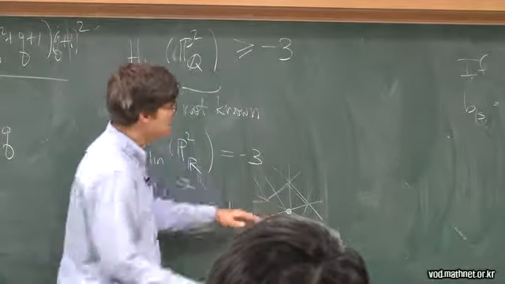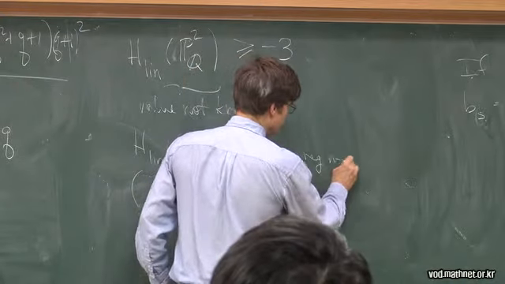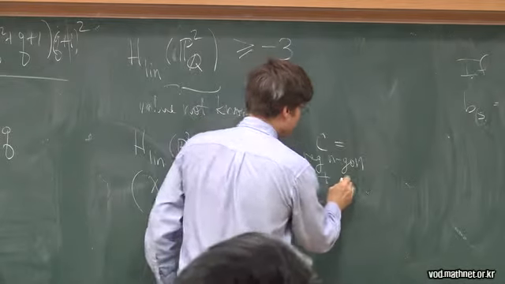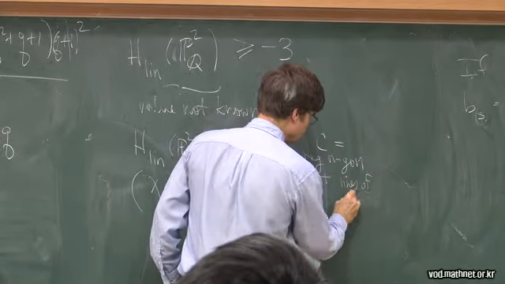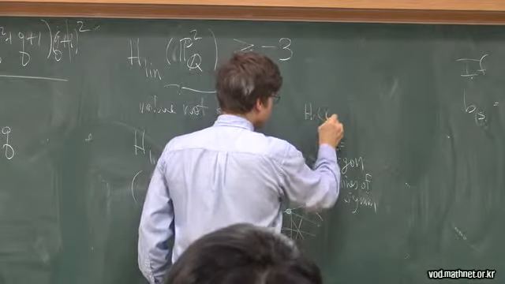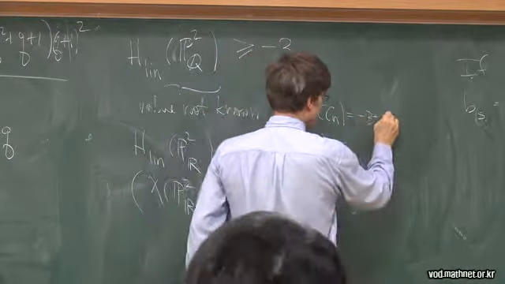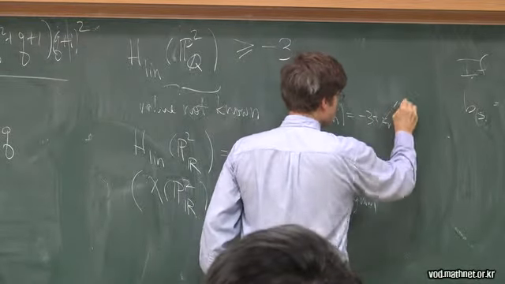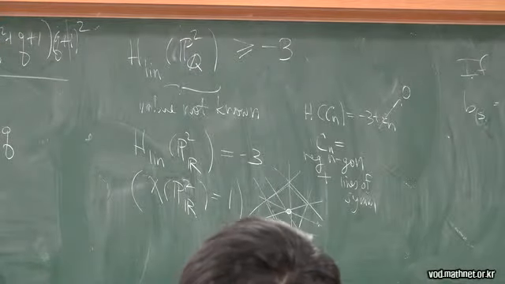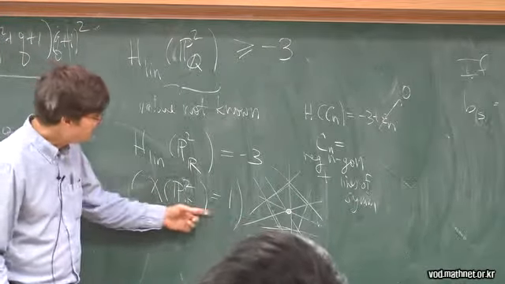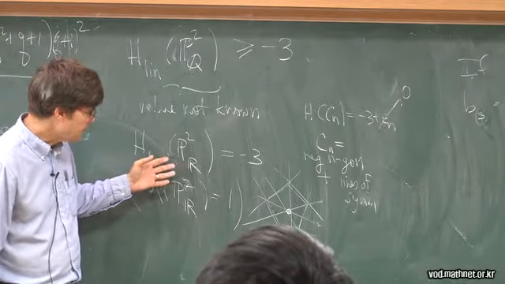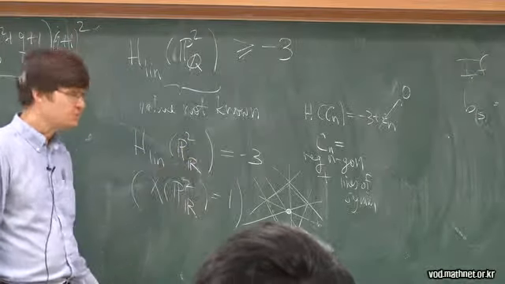If you compute the H constant for a regular n-gon plus the lines of symmetry, then H of C sub n is equal to -3 plus epsilon, and the epsilon goes to 0 in the limit. So we know we can get down to -3 in the limit. And then this argument involving the Euler characteristic gives us that you can't go any further than -3.